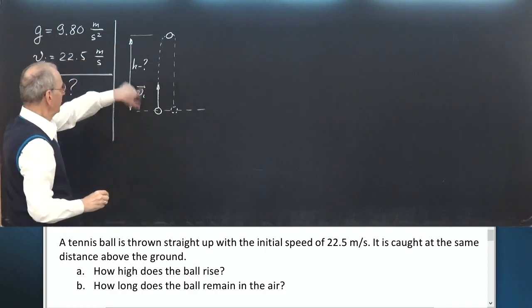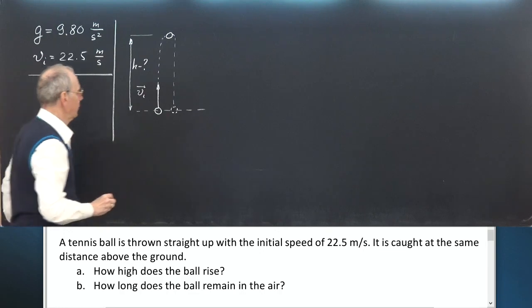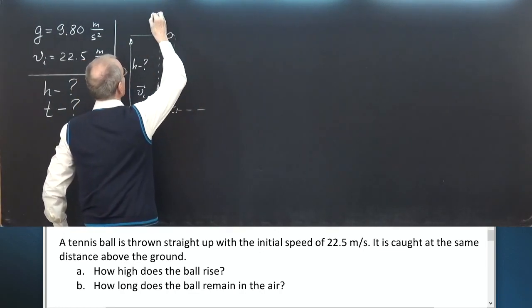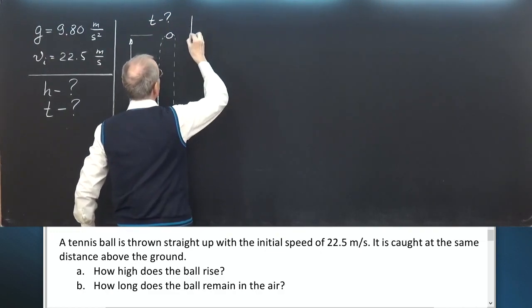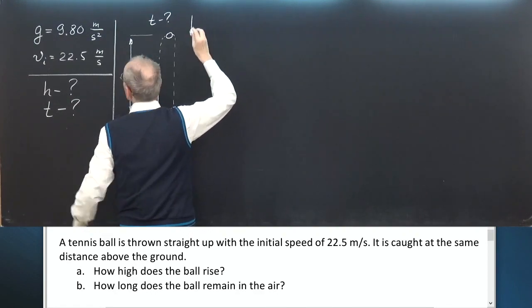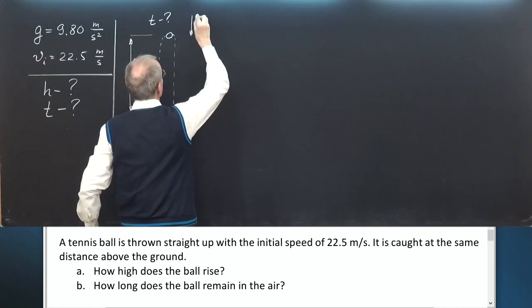This process takes t seconds for the ball to return. Acceleration g is 9.80 and directed downward.